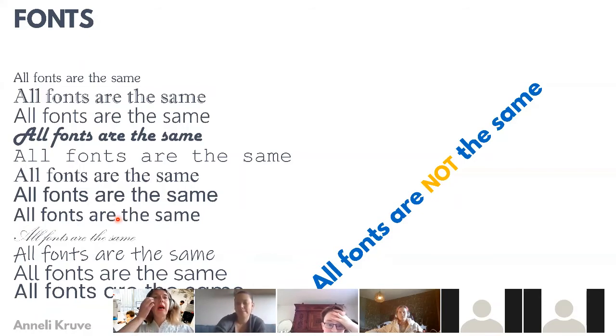Exactly, yes. Some of them are hard to read, some of them are easier to read, some of them are more easygoing or playful, like for example the third from the bottom, while some of them are more conservative, and some of the fonts also already convey a kind of meaning in the sense of what this text is.